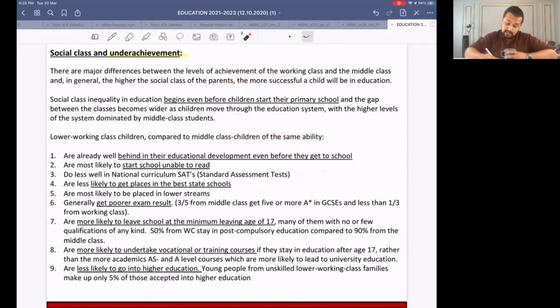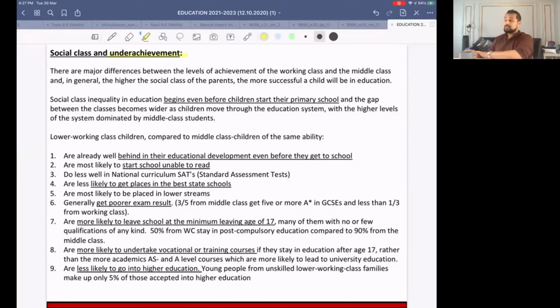Social class inequality in education begins even before children start their primary school. Now that's a nice one here. I'm sure many of you would agree to this. When we talk about these disadvantages starting off even before a child goes to school, you know how kids from a middle class and the upper class or a privileged background, how their parents get them all the facilities beforehand.